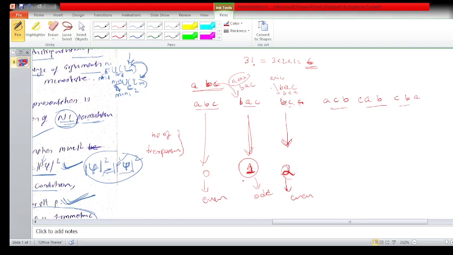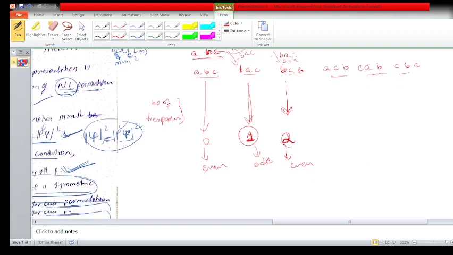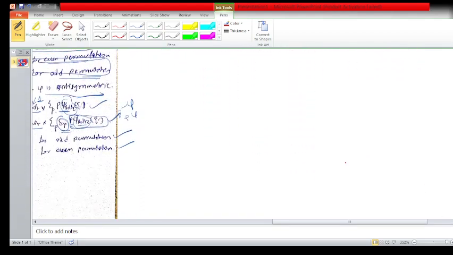Okay, now if you consider this permutation operation, for the case of symmetric wave function, what will happen? That will be u_s of q, or you can write psi_s of q.